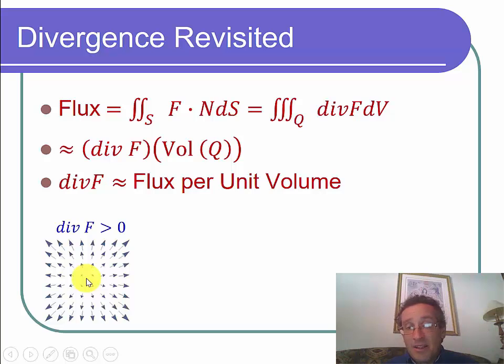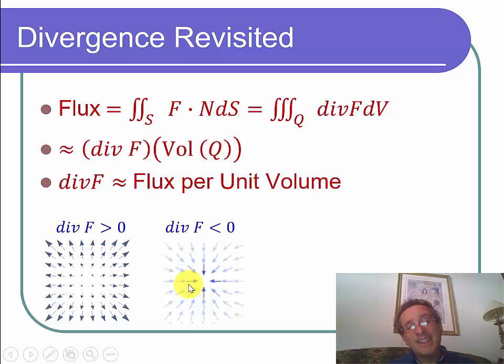In physics, sources are typically things like the sun because light's coming out or energy's coming out. An electron could be a source of electromagnetism, for example. You get an electrical field around an electron. There's all kinds of sources that happen in physics. And because we have a source where things are emanating from the point, the divergence of F is positive because the flux per unit volume is positive. We're getting a net gain into that net.